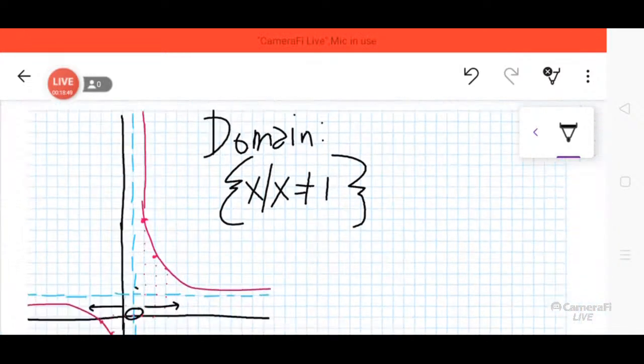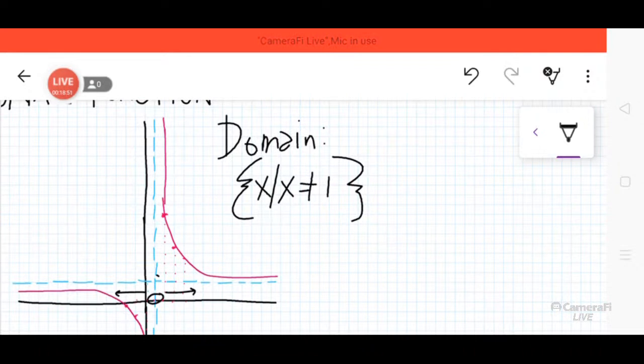That means the set of all x except 1. As you can see, that is where our vertical asymptote is located.